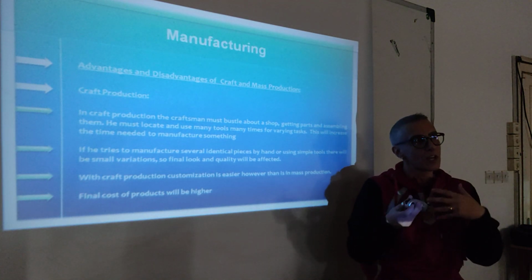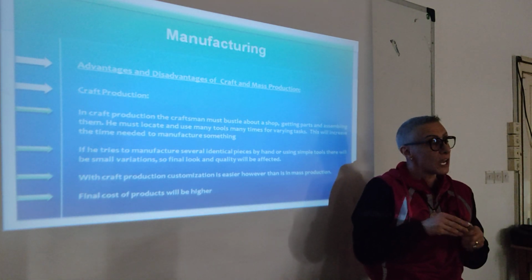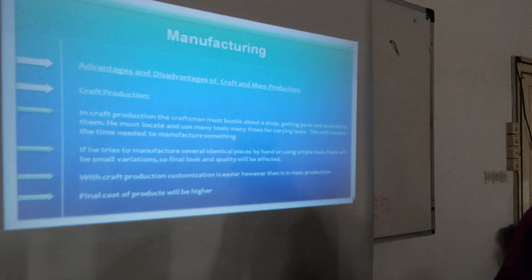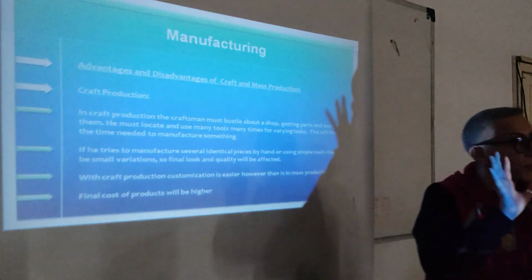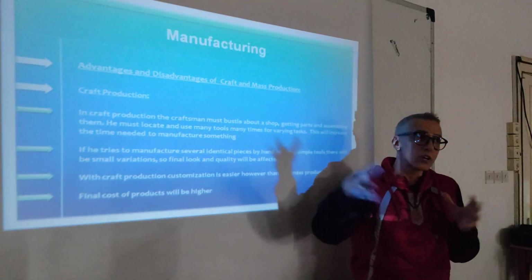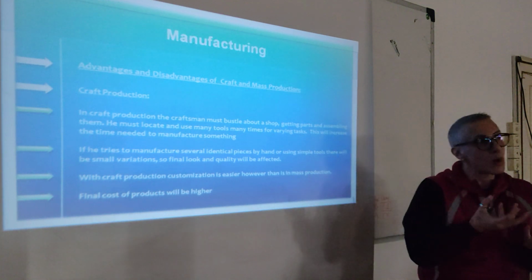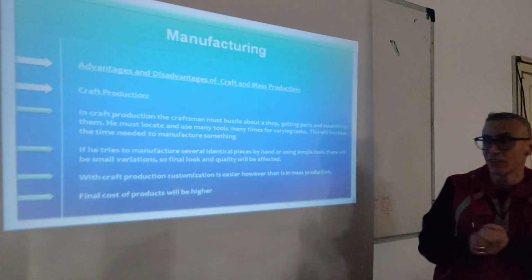These kinds of things are sometimes possible in mass production, but as I said, changing the shape of certain parts is a very difficult job. While in craft production, it's easier to customize. But as we said, the quality may not be top.